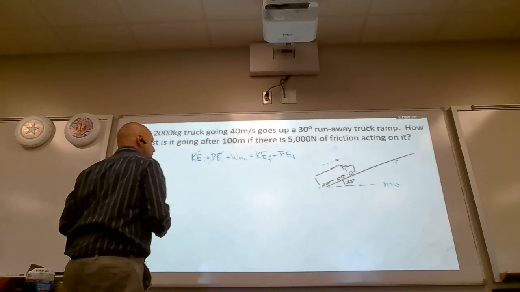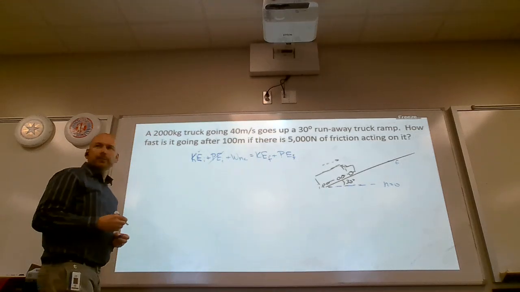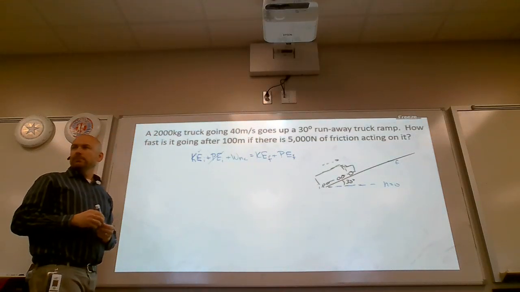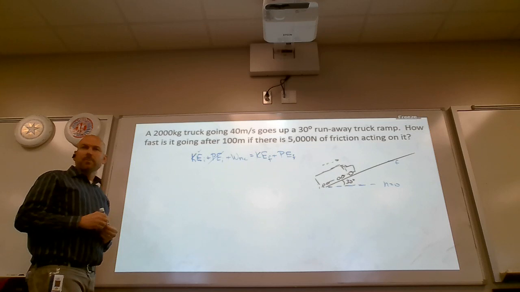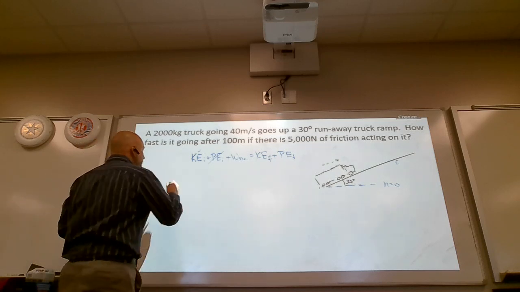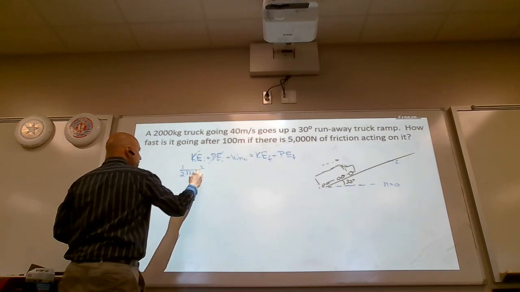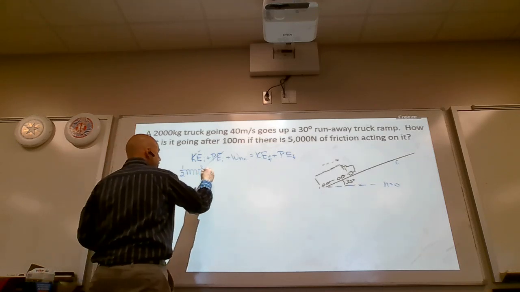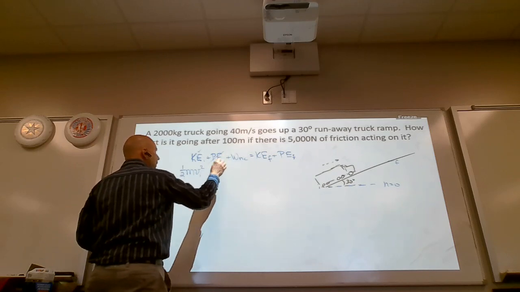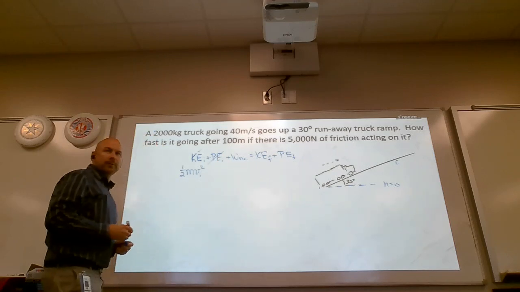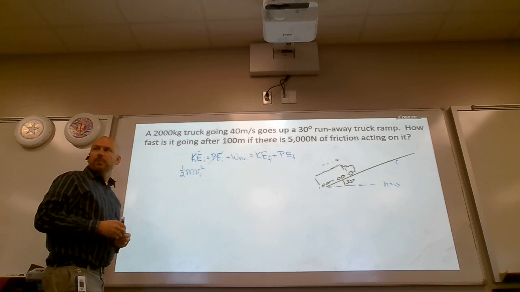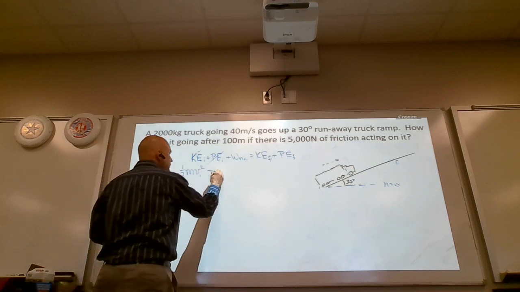Okay. How do we do? Okay. So you have 1/2 mass times speed squared initial. Is friction doing positive or negative work here? Negative.